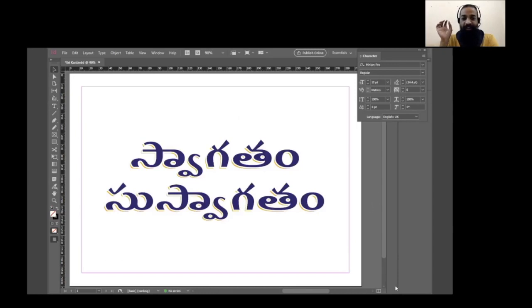This is one of the ways of typesetting Sri-Kari.